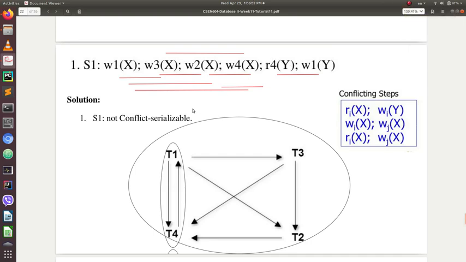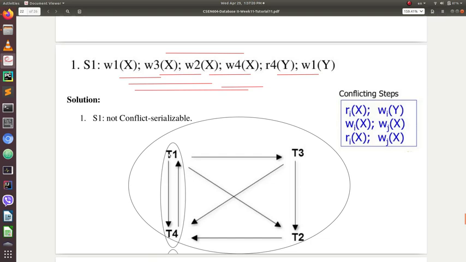So after finishing constructing the graph for these steps, actually this graph is full of cycles. I can go from T1 to T4 and back again to T1. So this is a cycle. I can go from T1 to T2, then to T4, then back again to T1, and here is another cycle.